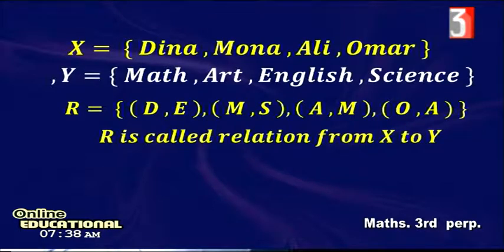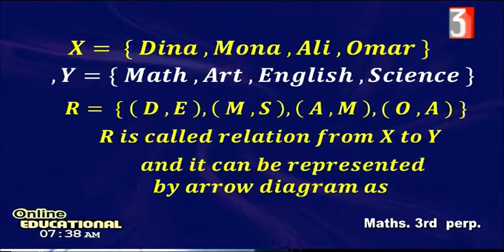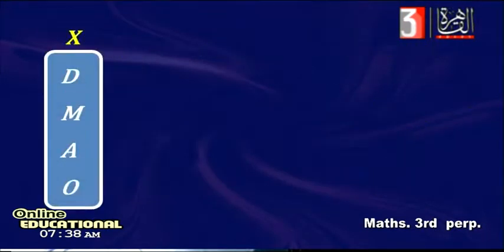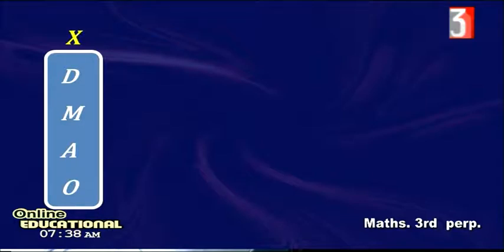What's an arrow diagram? From its name, it is a diagram which is represented by arrows. How? First of all, we are going to draw the two sets, X and Y. You have a set X, its elements are Dina, Mona, Ali, and Omar. What about the set Y? It is the subjects.